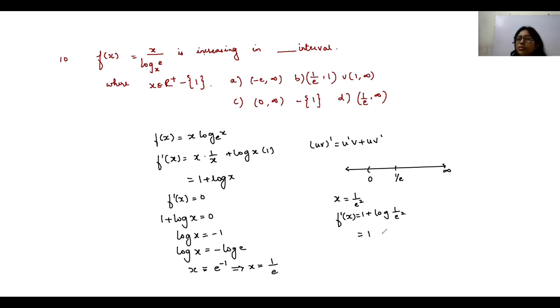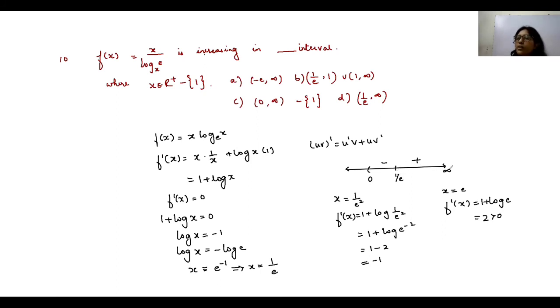That is 1 plus log e raised to minus 2, or 1 minus 2, minus 1, negative. And if we take a value bigger than 1 by e, say e, then f dash x will be 1 plus log e, and log e is 1, so it's 2, greater than 0, so positive.